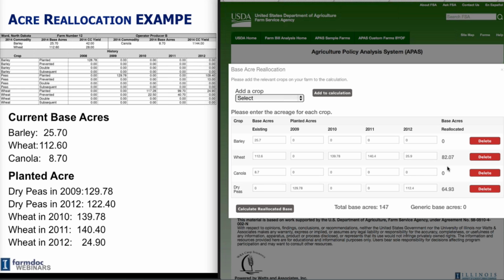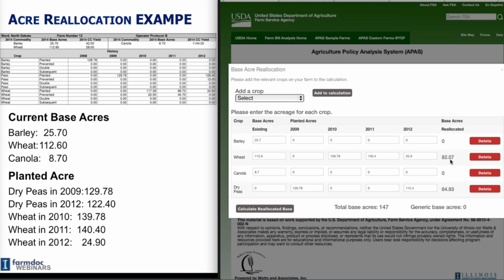And our reallocated base acres for wheat, if you did the math, if you added up all the wheat acres planted from 2009 to 2012, divided it by total acres, that percentage times total base acres would be the one that makes those payments. So those are the two choices.